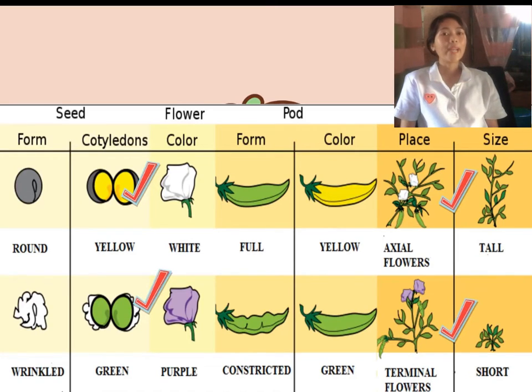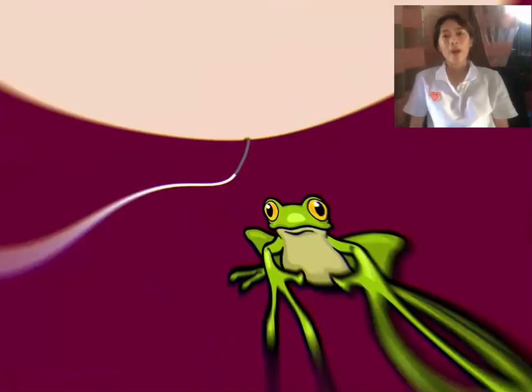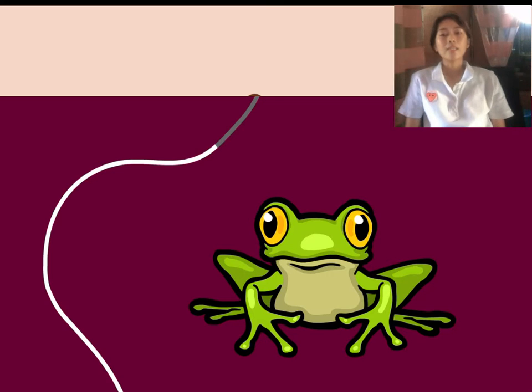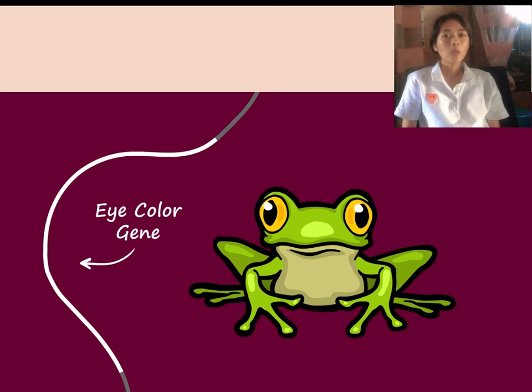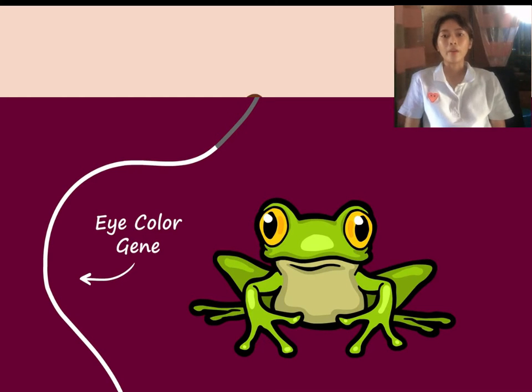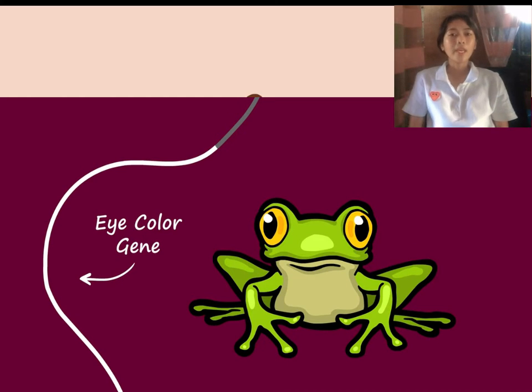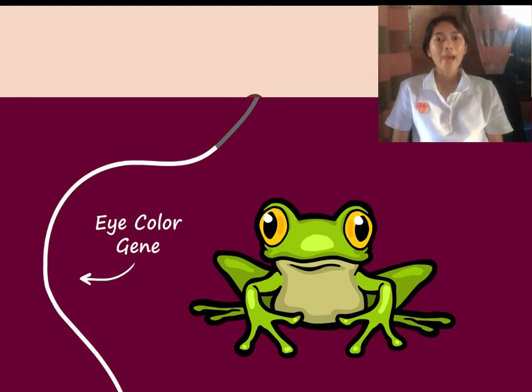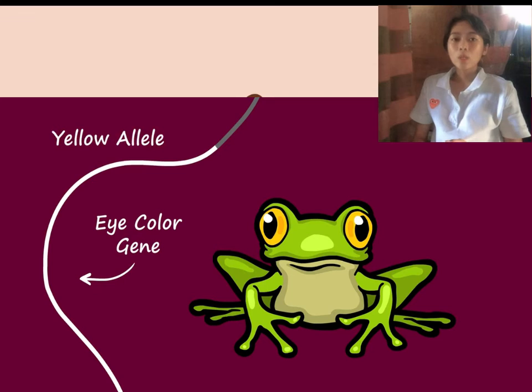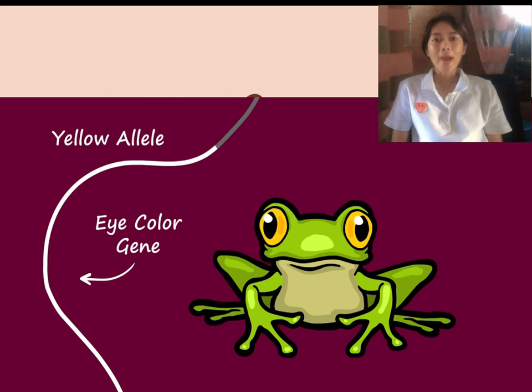Let's look at an analogy to better understand what an allele is. Let's say there is a gene in a species of frog that codes for the frog's eye color. We will call it the eye color gene. This frog has an allele of the eye color gene that codes for yellow eyes.